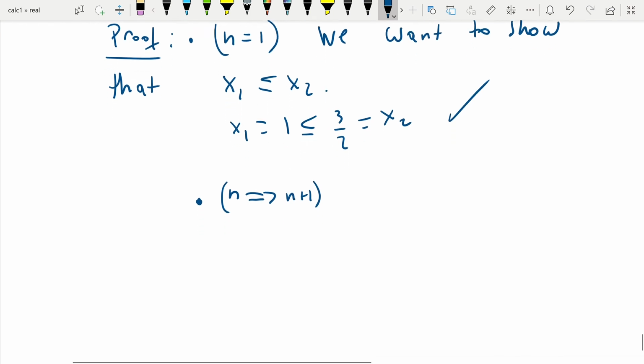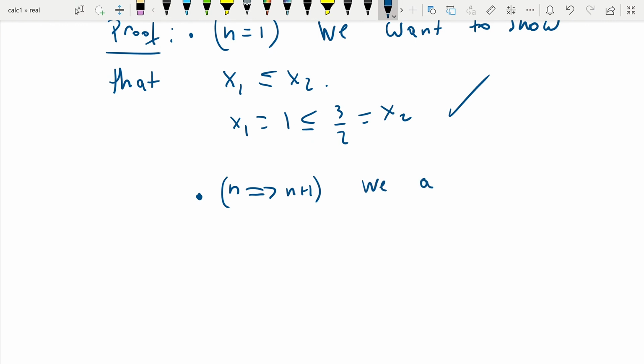Okay, so we assume now that for some n, x of n is less than or equal to x of n plus 1.